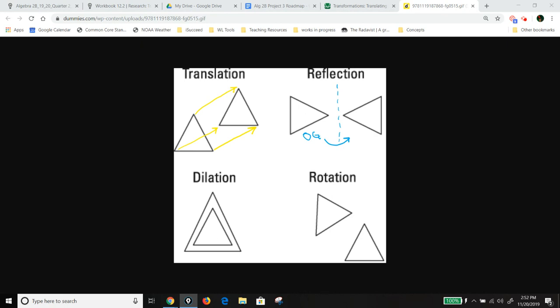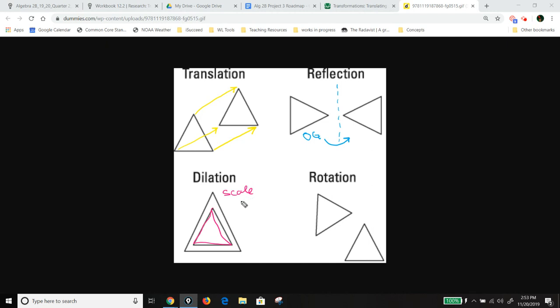Another type of transformation is called a dilation. So a dilation is actually where we're changing the size. So here I can see if I'm given a smaller triangle, I can dilate, or in other words, enlarge that by some degree, or in that word, it would be called a scale.